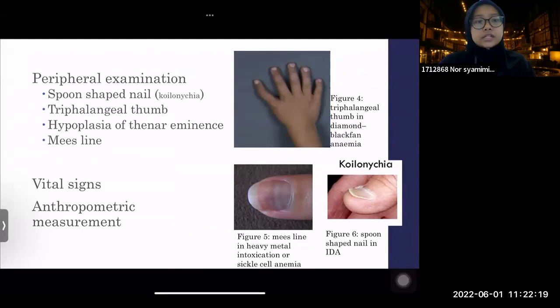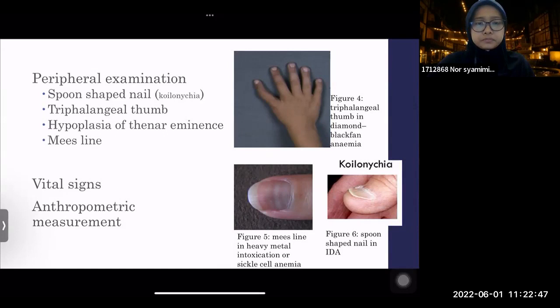And then also there's hypoplasia of the thenar eminence in Fanconi anemia, and also look for any presence of Mees lines, which indicate heavy metal ingestion, or sickle cell anemia can also have Mees lines. And don't forget to take the vital signs, especially the heart rate, blood pressure, all are important, temperature and also respiratory rate. And measure the weight and also height for the anthropometric measurement.